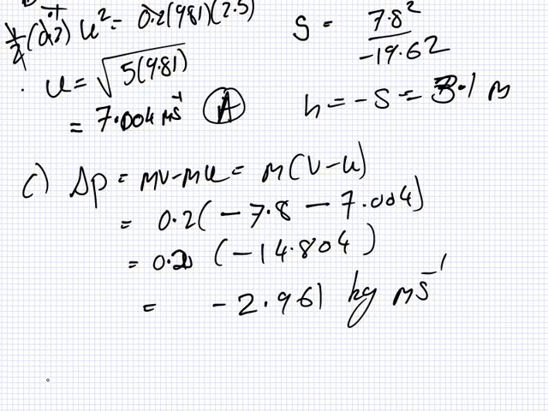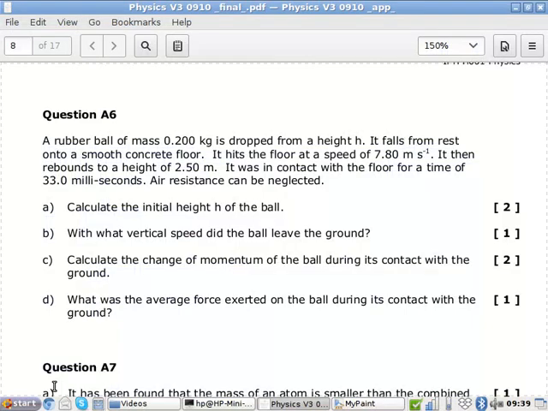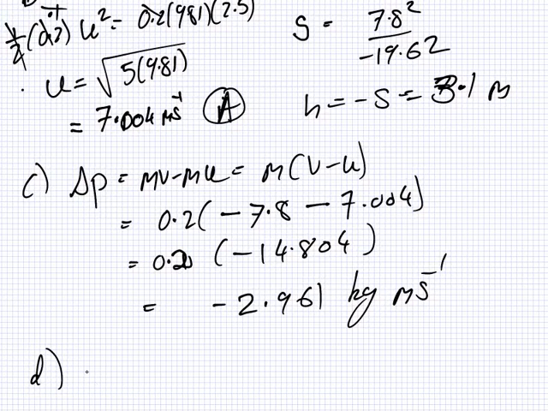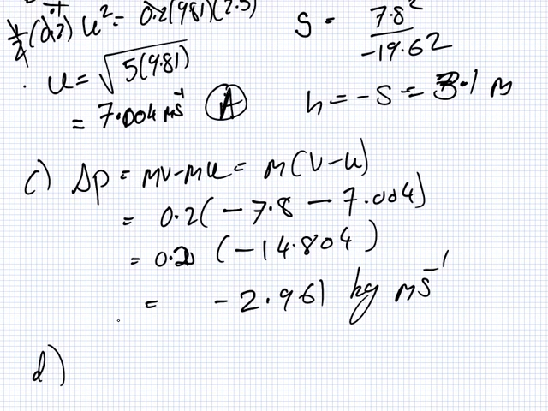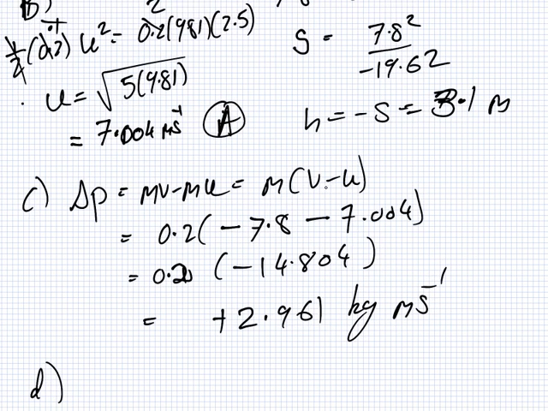Yep. No. D is what was the force exerted on the ball during contact with the ground. I, of course, have this wrong. It's a plus because I wrote this in backwards. I mixed up my U and my V. Sorry about that.